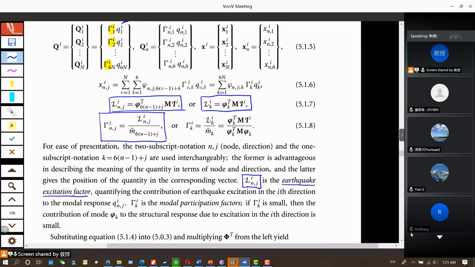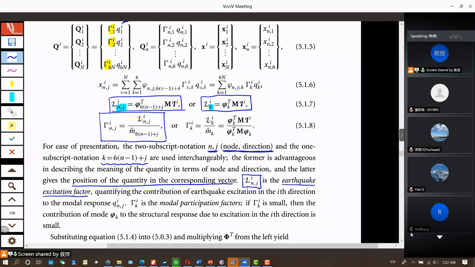The two-subscript notation is useful in describing the meaning of the quantity in terms of node and direction. And the one-subscript notation is useful when we want to know the position of the quantity in the vector.